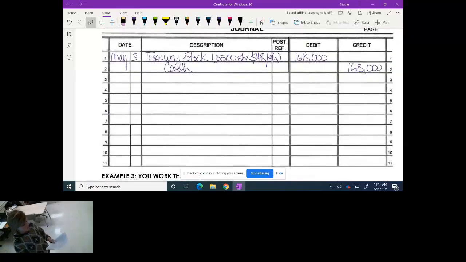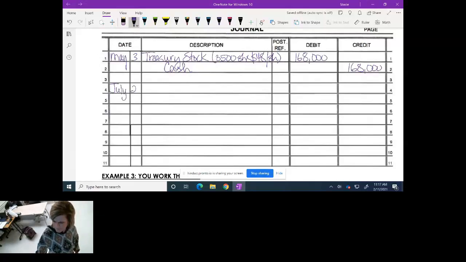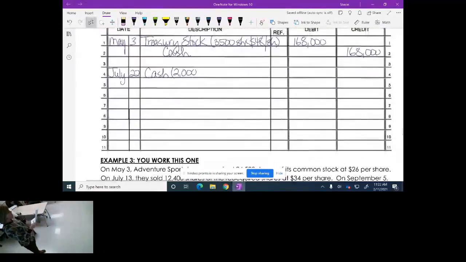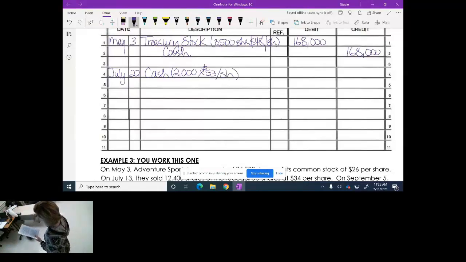On July 22nd, debit cash, 2,000 times 53, which is your sales price per share. So that is 106,000. So what will we do for the rest of the entry?